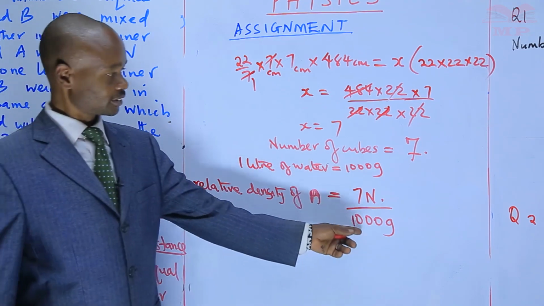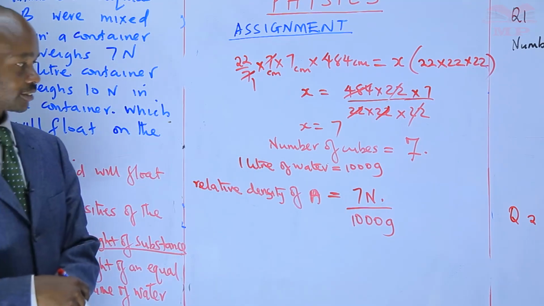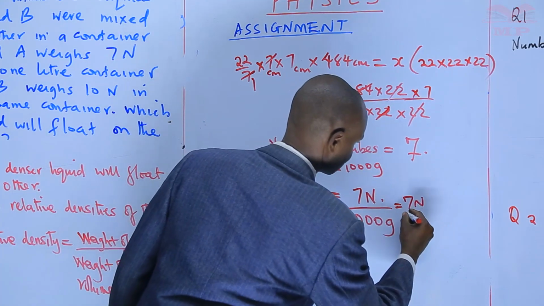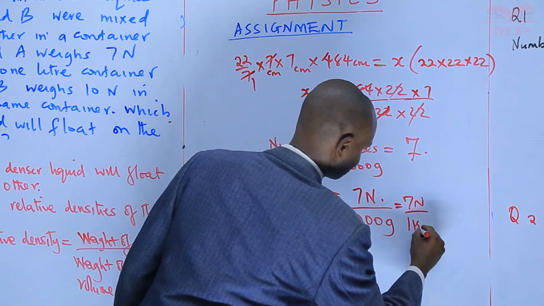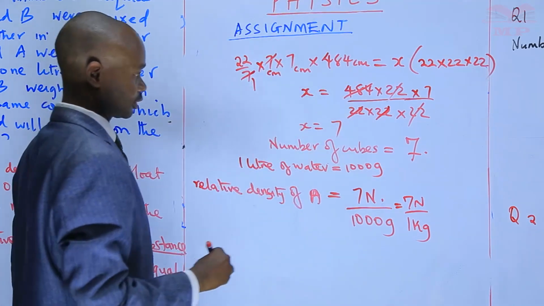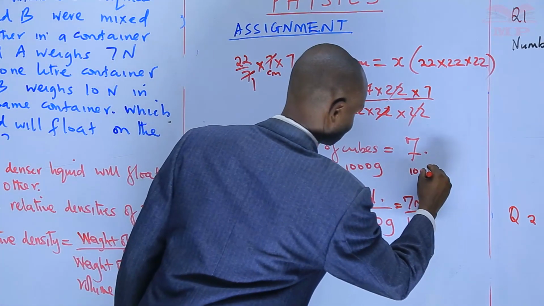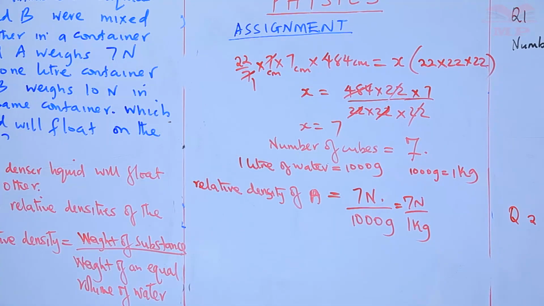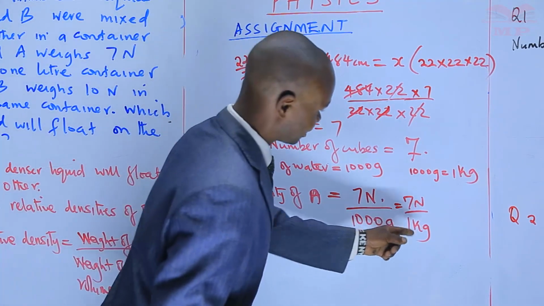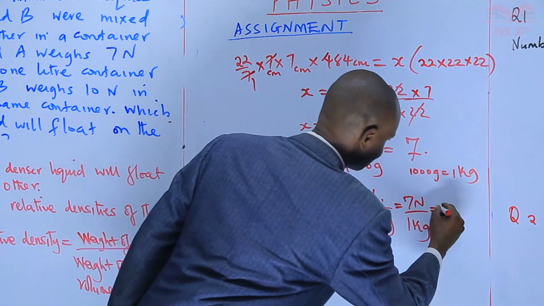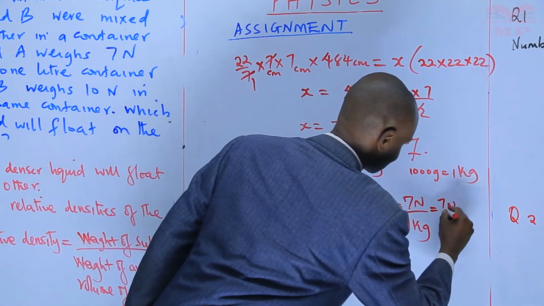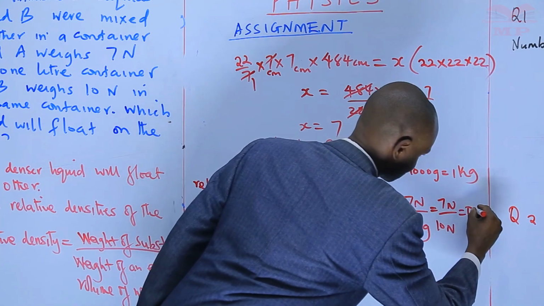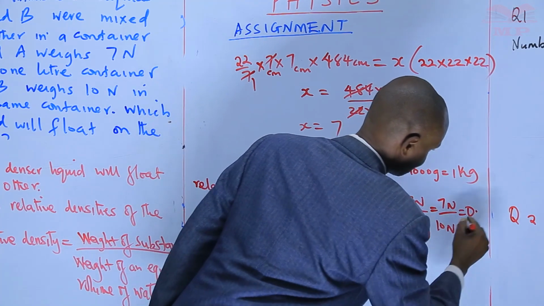But here you have newtons and grams. You know, you have to convert to the right unit. So this comes to 7 newtons over 1 kilogram, because you know 1,000 grams is equal to 1 kilogram. I have to convert again to newtons. So it will be 7 newtons over 10 newtons, which is 0.7.